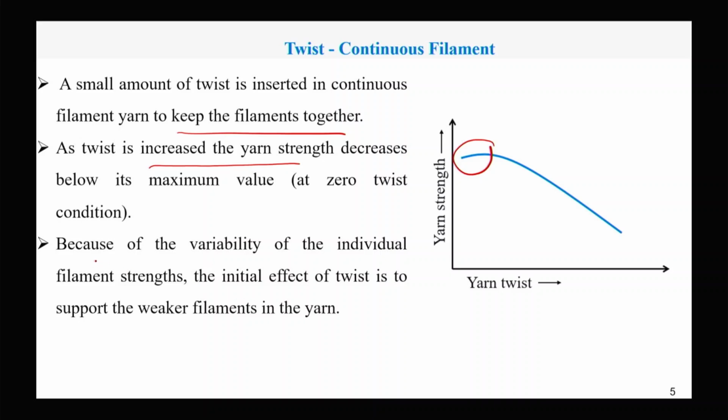Because of the variability of the individual filament strength, the initial effect of twist is to support the weaker filament. So the weaker filament will be supported, and that's why there is a little bit of increase initially.